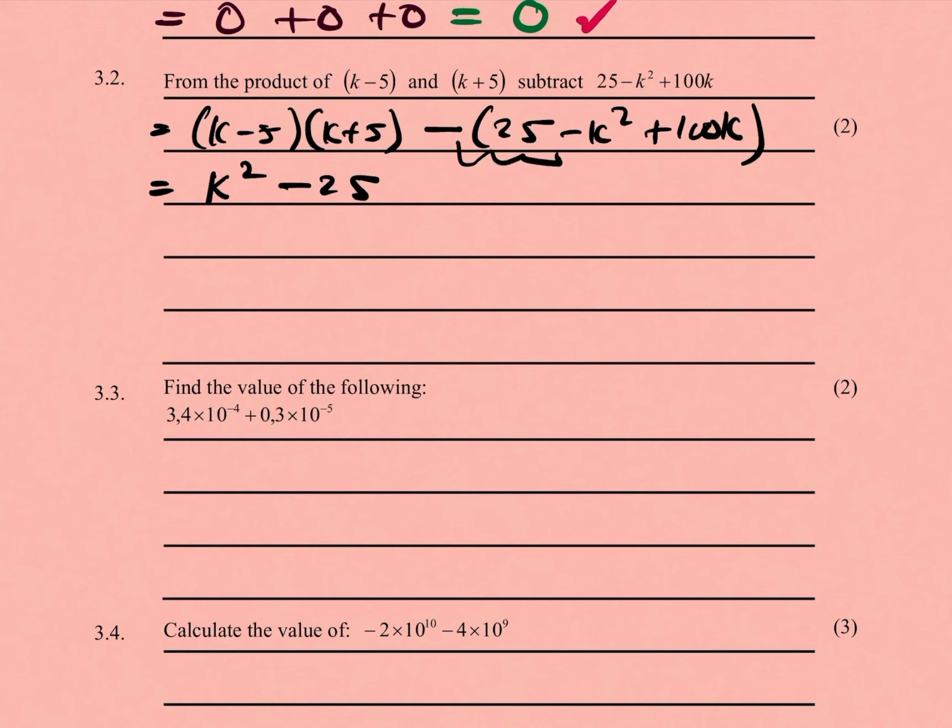Now you need to remove the brackets there carefully. So you get a minus 25 plus k squared and then a minus 100k. Now you need to group the like terms. So k squared plus k squared is 2k squared. And then the middle term, this should be minus 100k.